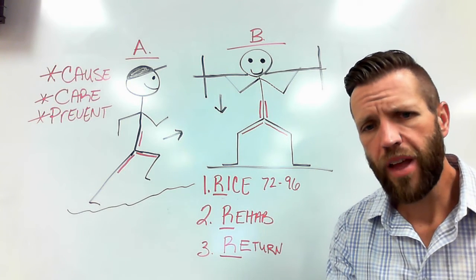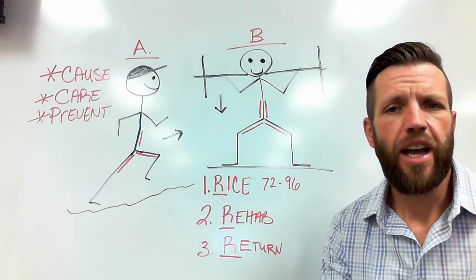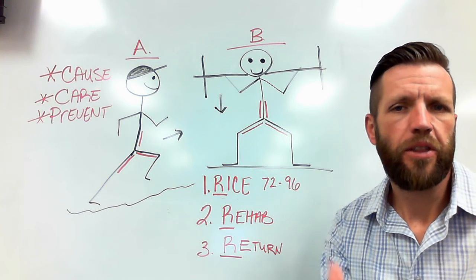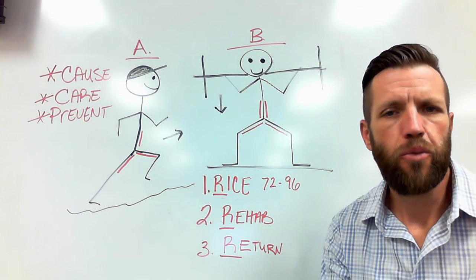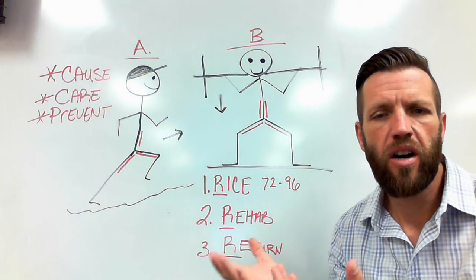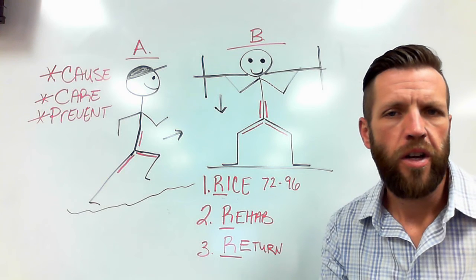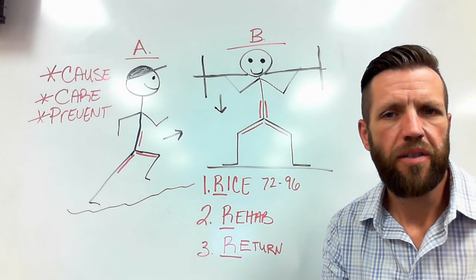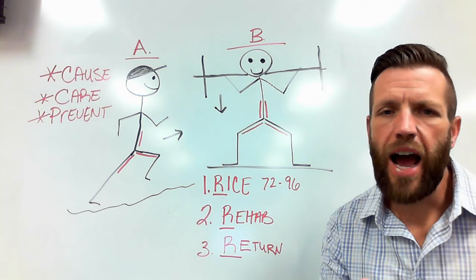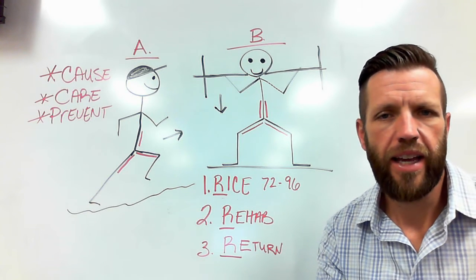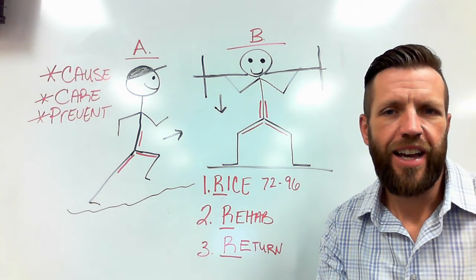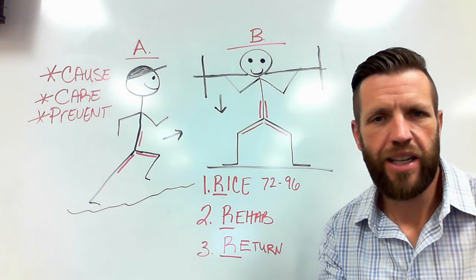And then the last thing is return. Now, I realize that a lot of people think that return is return to full play, but there are some restrictions, and this is a phase of our care that we really want to give a lot of attention to, because I don't want to turn a kid loose back to full practice or play without restriction and expect that he not get injured again.